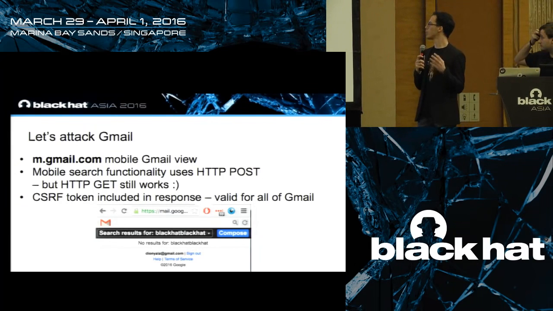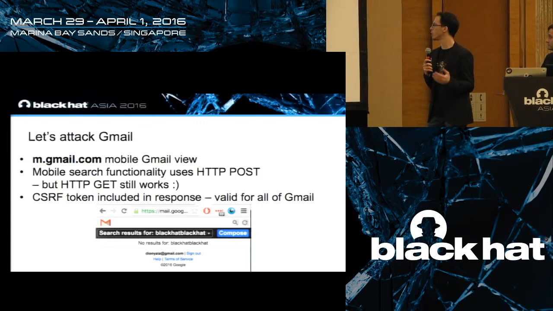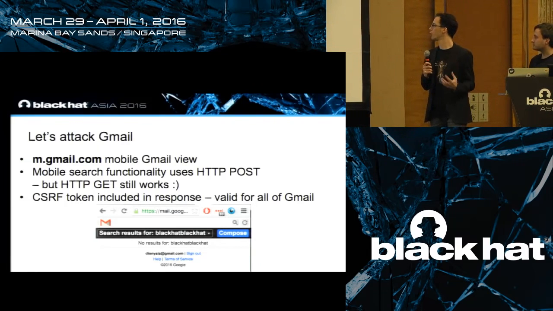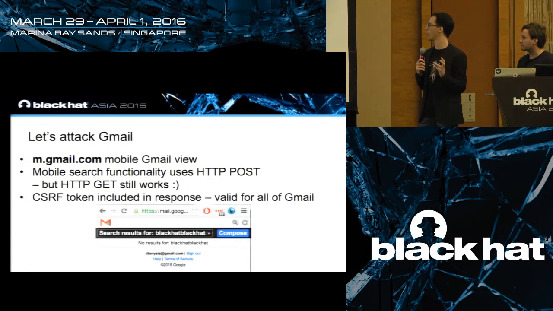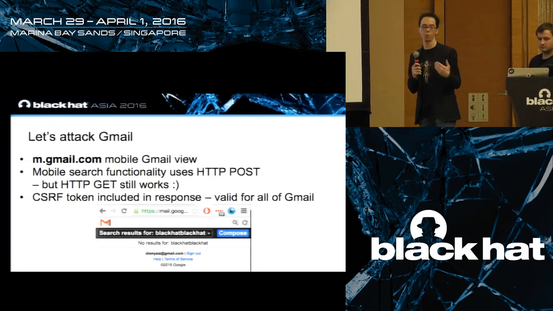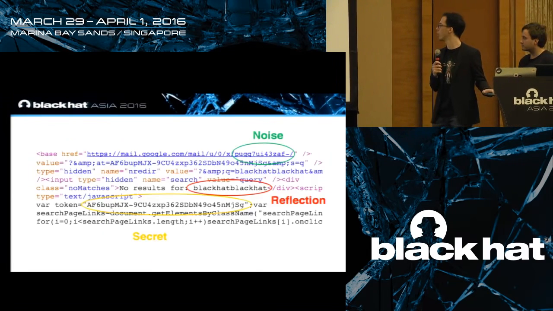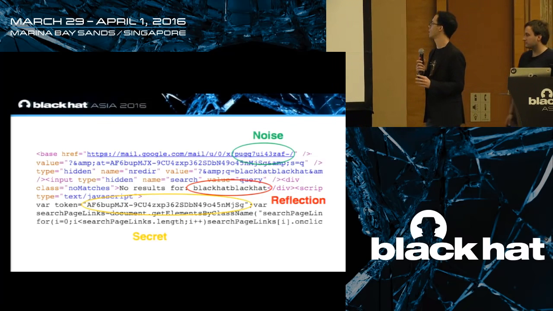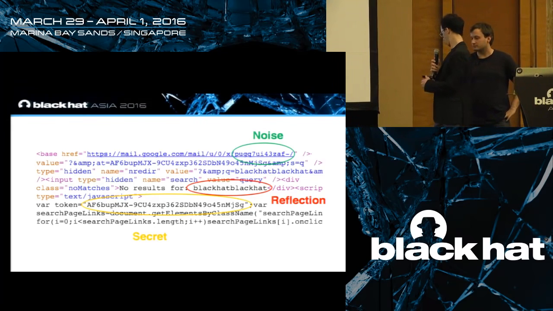This body also includes a CSRF token that is valid for all of Gmail. So, we as the attacker can inject our own plaintext, and this plaintext will be compressed along with a CSRF token for all of Gmail. In this case, we see such a response.